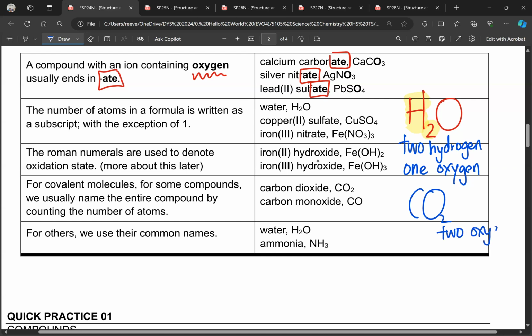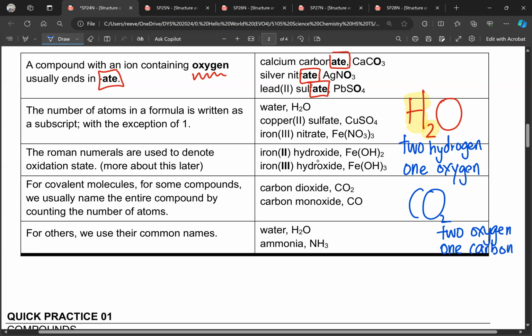The number is to the right hand side of the element. Any question? If there's only 1, like in CO2, only 1 carbon, you don't need to write the 1. It is understood that CO2 has 1 carbon, 2 oxygen. So far, so good?